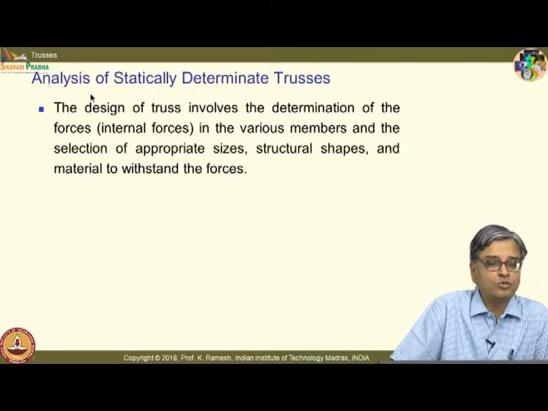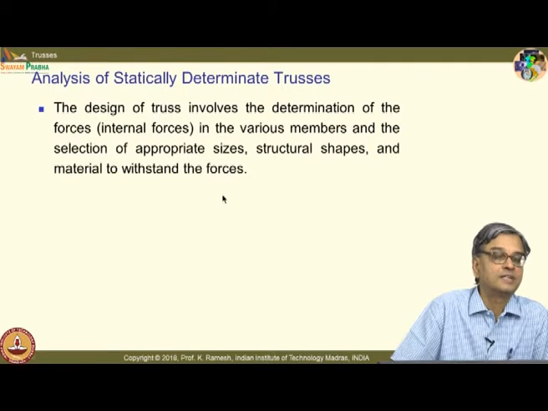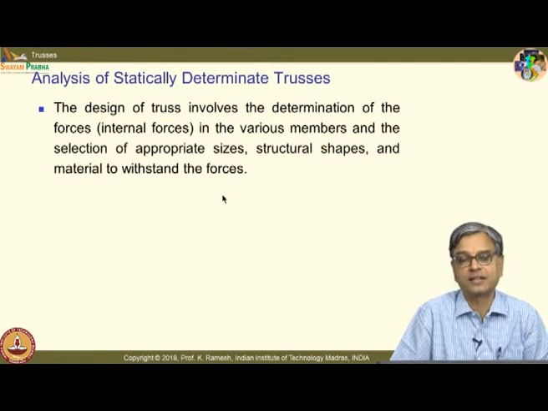How do we do the analysis of statically determinate trusses? The design of a truss involves the determination of the forces in the various members and the selection of appropriate sizes, structural shapes and material to withstand the forces. This we would take up in the next class.